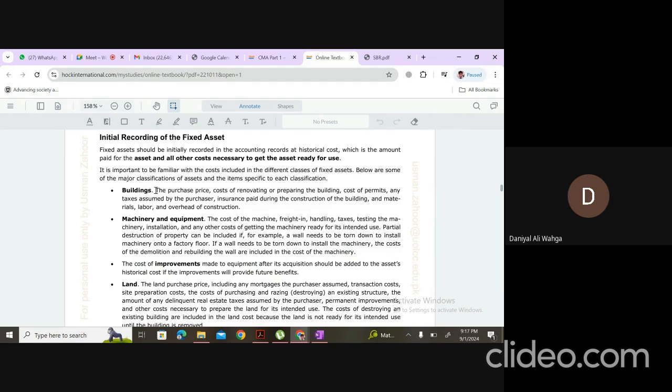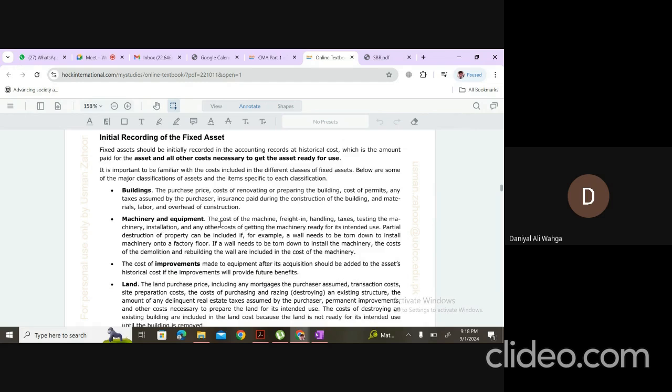For a building, the purchase price, the cost of renovating and repairing, the cost of all permits (permits means NOC), any taxes assumed by the purchaser, insurance paid during construction, and materials, labor and overhead of construction are capitalized. They are part of the capital work in progress.